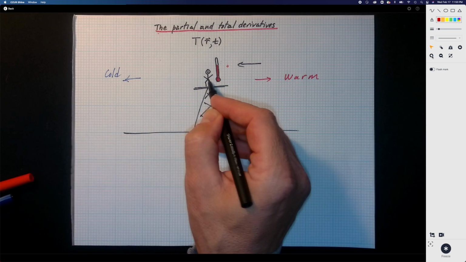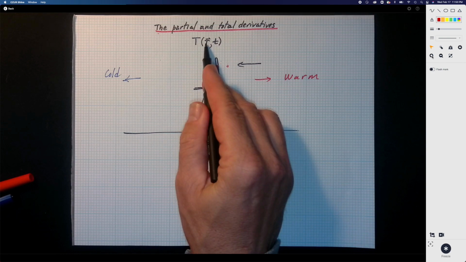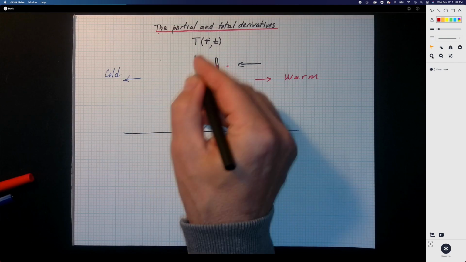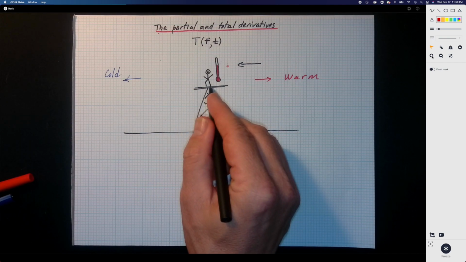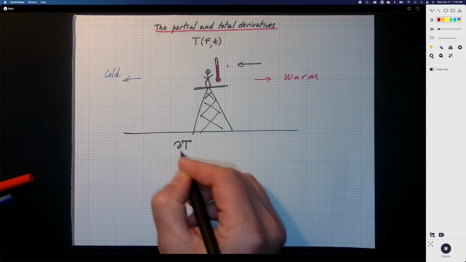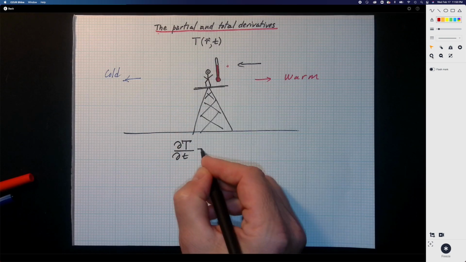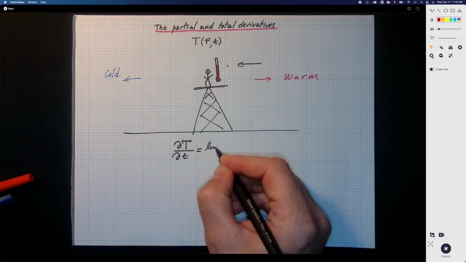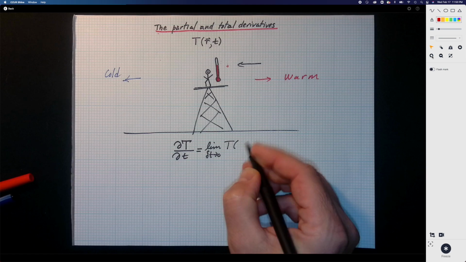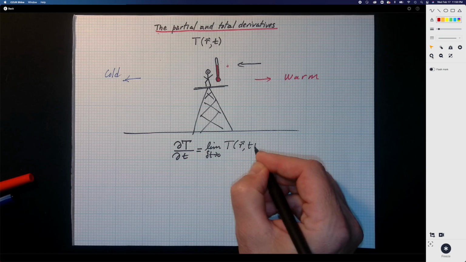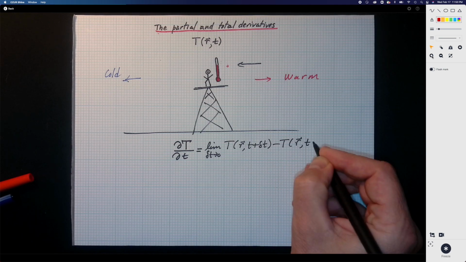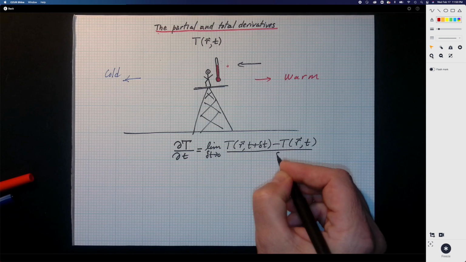And the observer, even though he's not changing his position, r, which will be fixed, the temperature will be changing as a function of time. So the rate of change of temperature that this observer will observe is the partial derivative of the temperature with respect to time, and that will just be the limit as delta t goes to 0 of T of r, t plus delta t minus T of r, t, divided by delta t.